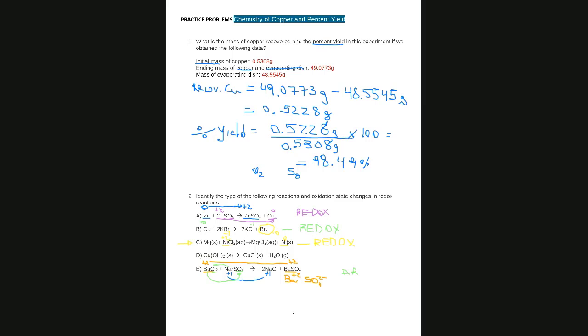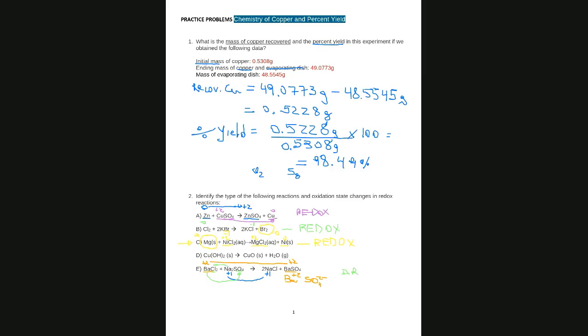So the nickel is reduced. Who is oxidized? You have magnesium here as a free element, which means the oxidation state is 0. When it's combined, the oxidation state equals +2. So the magnesium is oxidized.